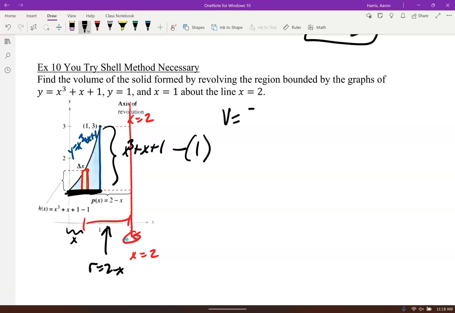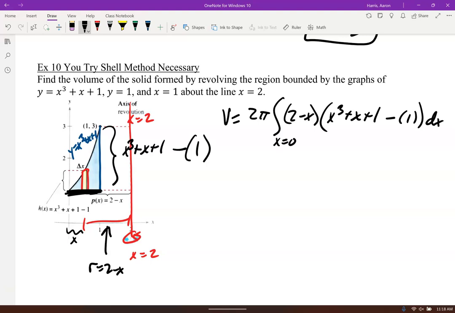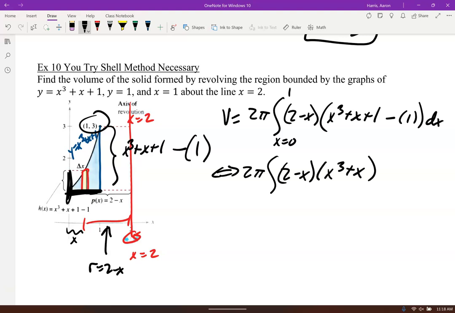And so your setup is 2 pi, shell radius, top minus bottom, top minus y equaling 1 on the bottom, from an x value of 0 up to an x value of 1. We're summing all those up. And so we've got 2 pi, we've got 2 minus x, we've got x cubed plus x.